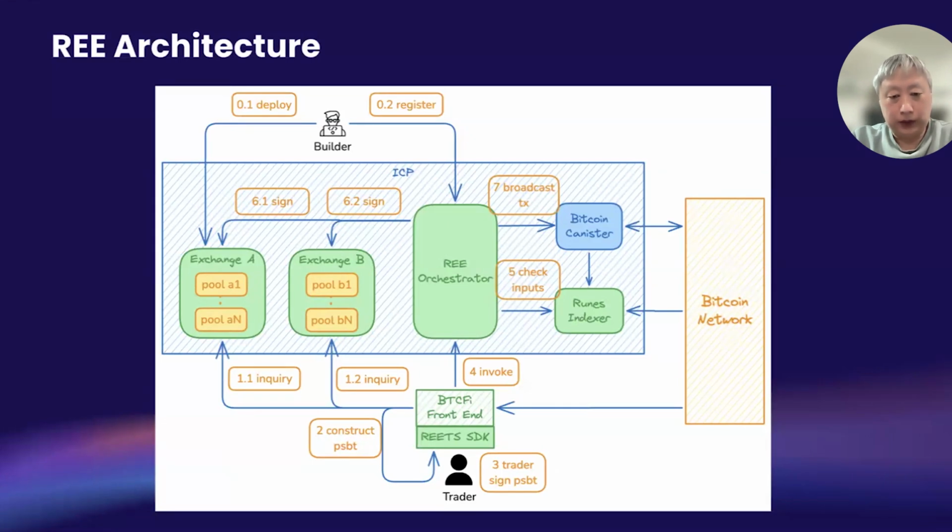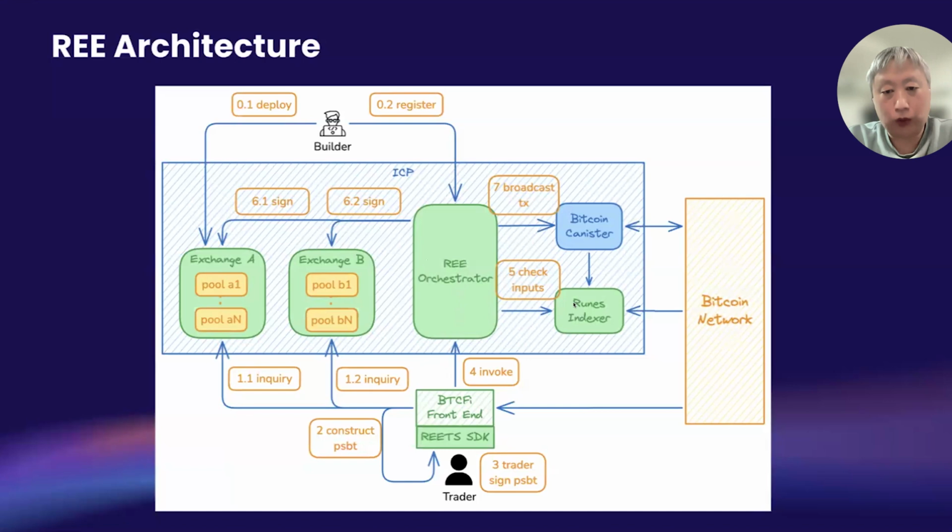And if the trader is satisfied with the terms, a PSBT can be formed at the front end, and the trader will have to sign the PSBT first, and then submit the PSBT to the orchestrator, which plays the role of the coordinator.